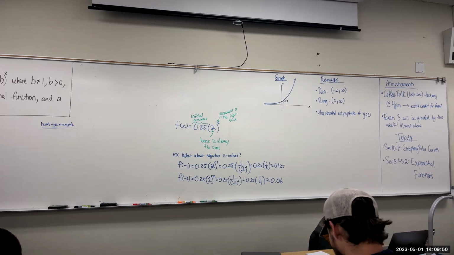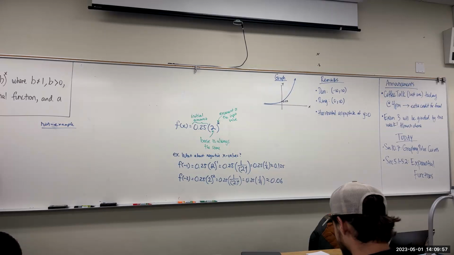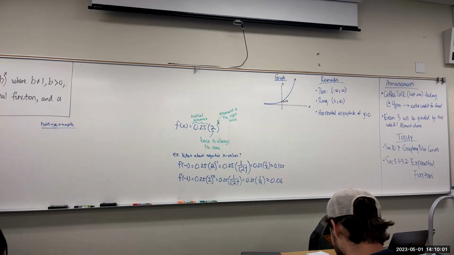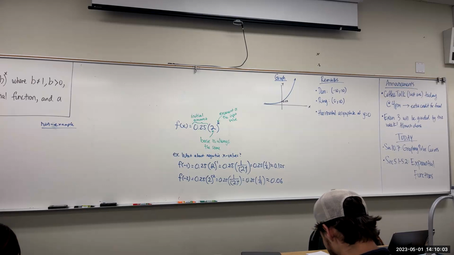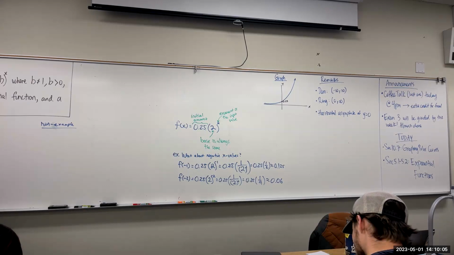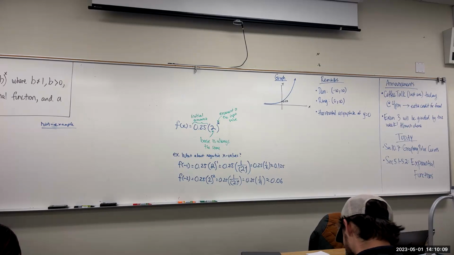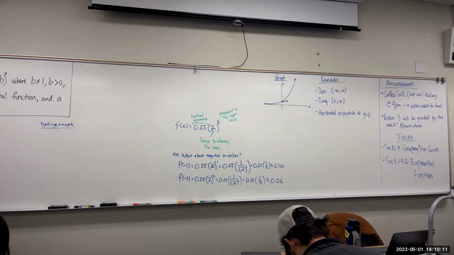This is an example. You can also have 2 to the power of 7x. I'm just making these up, okay? And let's say the third one is 1/3 to the power of x.